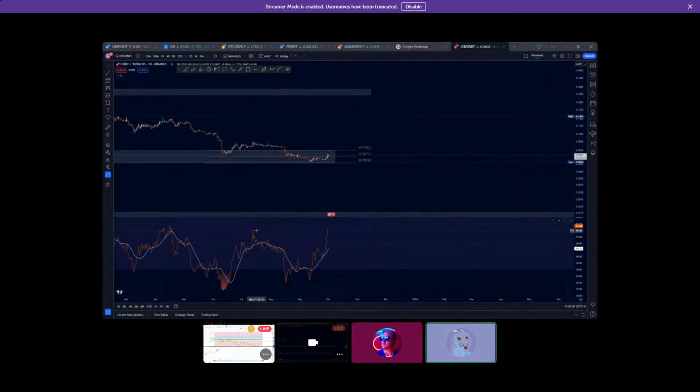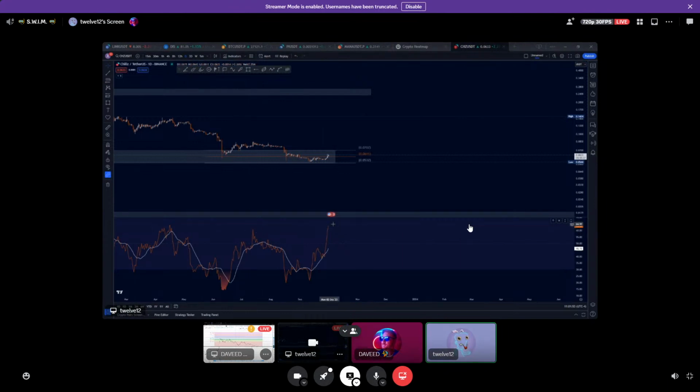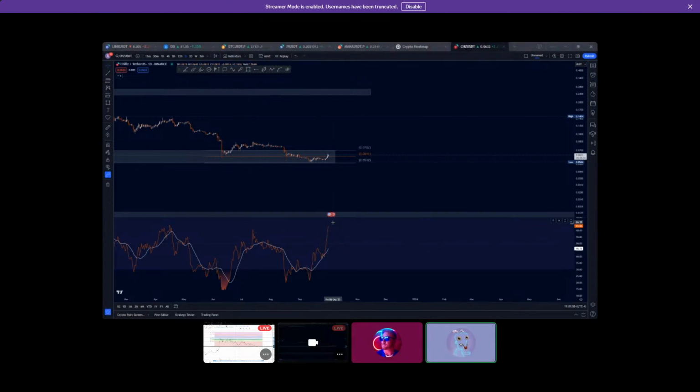Some people look at this as a bear div right here. I just see it as maybe it's getting stronger. I heard Sean from Lux Algo say that the divergence distance, what do we got, 80 bars, has to be present in the length.